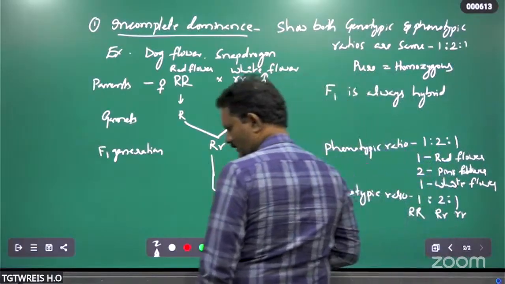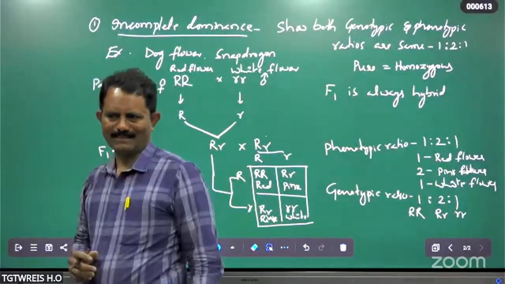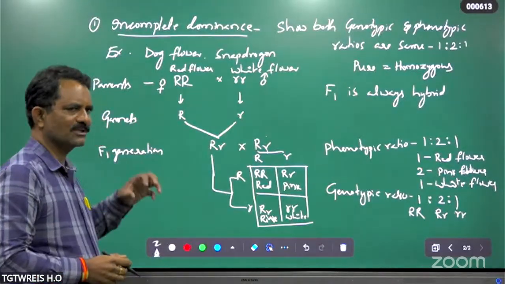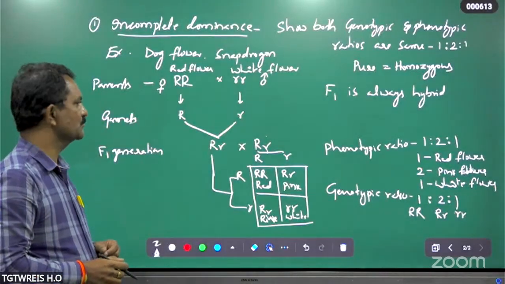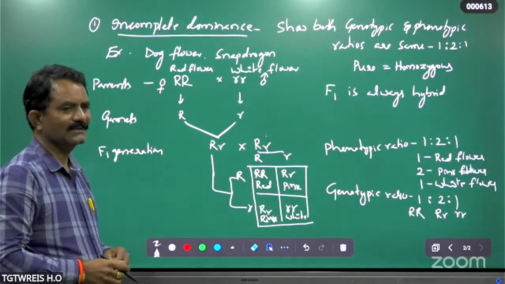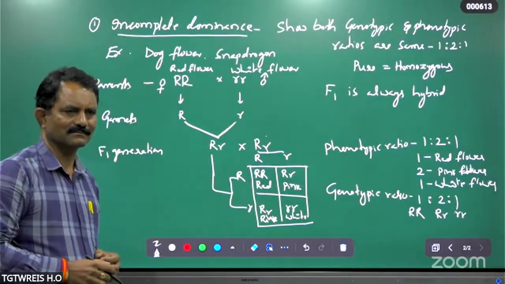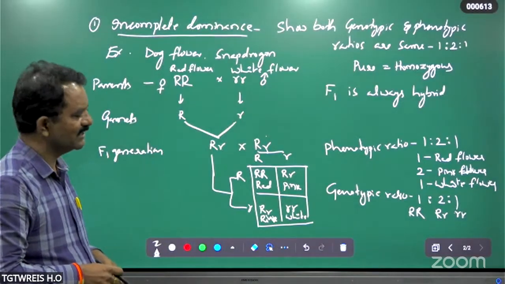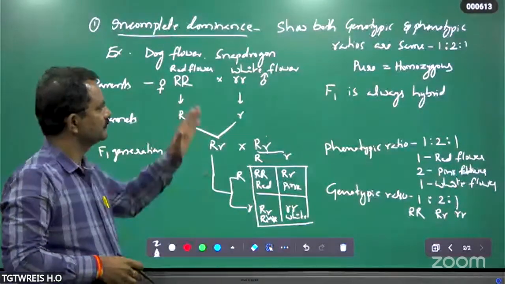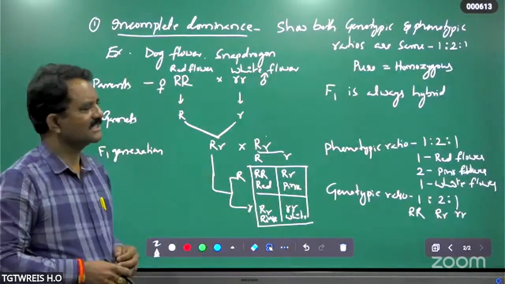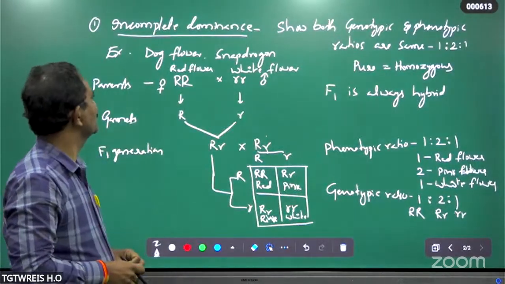But in monohybrid cross, the phenotypic ratio is 3:1, but the genotypic ratio is 1:2:1. But here the phenotypic ratio is deviated from 3:1 to 1:2:1. That is because of incomplete dominance.